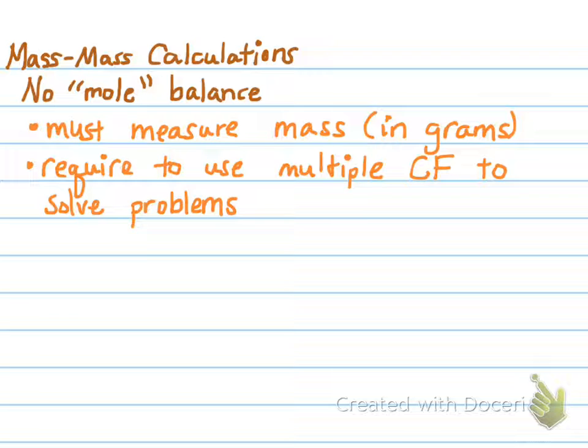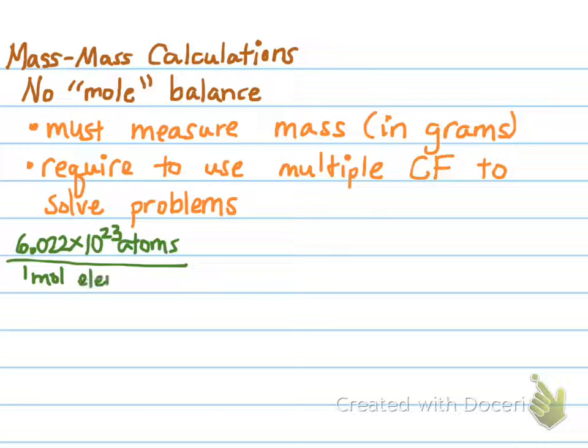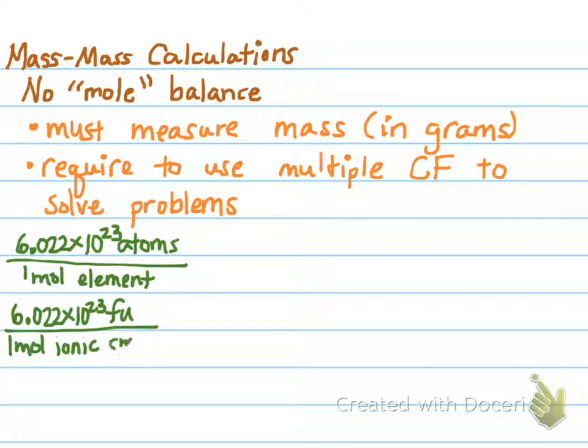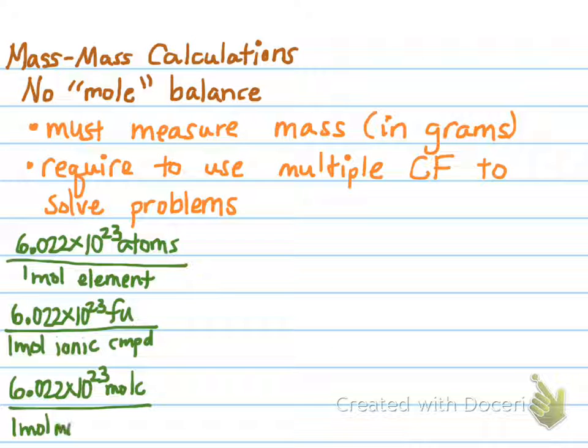Because on your toolkit right now, you have 6 conversion factors, right? You have 6.022 times 10 to the 23rd atoms to 1 mole of element. You have 6.022 times 10 to the 23rd formula units to 1 mole of ionic compound. And you have 6.022 times 10 to the 23rd molecules over 1 mole of molecular compound.